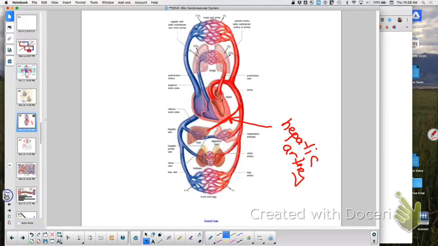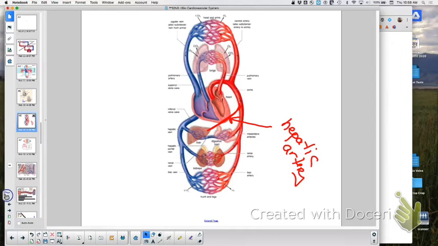Okay, let's write this down. Portal system takes blood from the small intestines directly to the liver. The purpose is blood nutrient regulation. And how many capillary beds do we have in this loop? Two capillary beds.